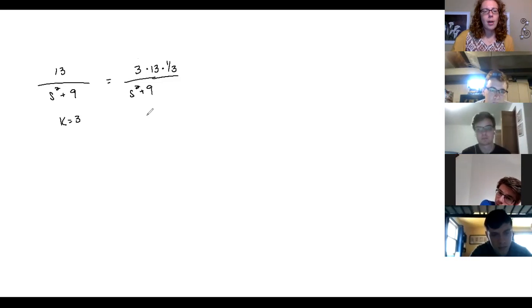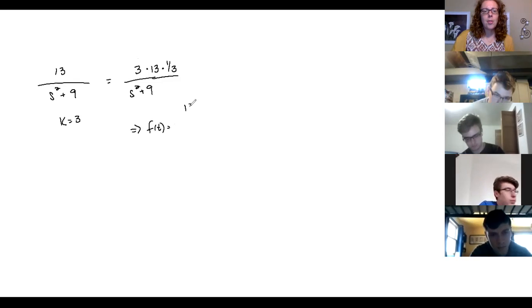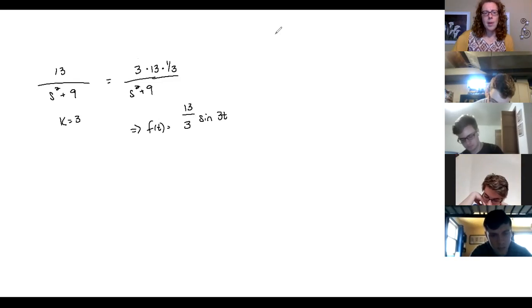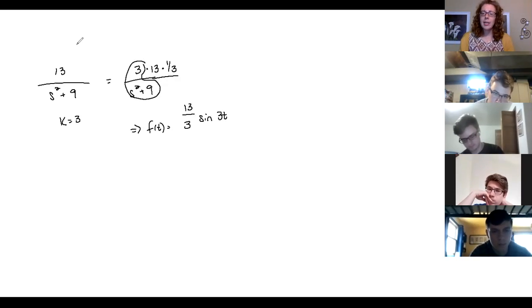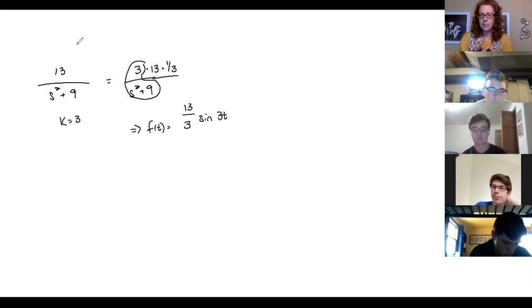Therefore, my inverse transform, little f of t, is going to be 13 over 3 times the sine of 3t. I need the 3 for my transform. So the 3 over s squared plus 9 is the part that goes with my transform, and then the coefficient that I have left is 13 over 3.